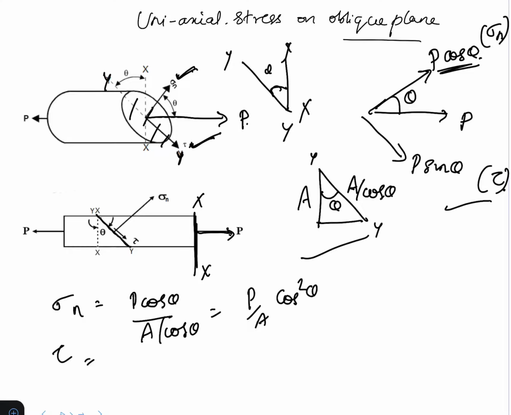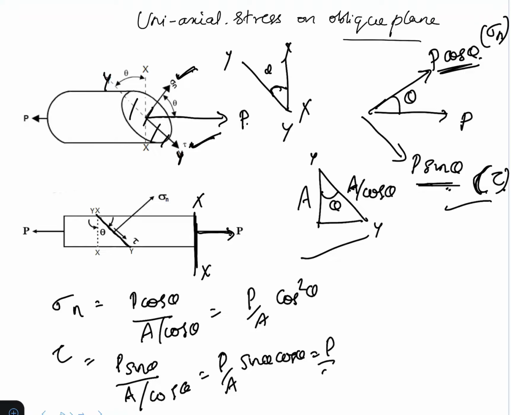Tau: P sin theta is the force causing tau, acting over an area of A by cos theta. That will give P by A sin theta cos theta, or P by 2A sin 2 theta. So this is the value of sigma n and tau.